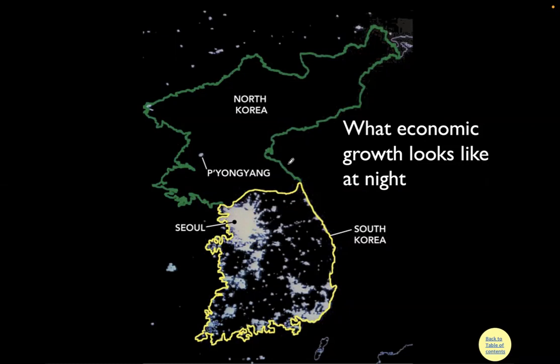You can just use a satellite image to tell who can afford to have light. Here we compare North Korea versus South Korea, and this picture shows you which country is more prosperous, more affluent, or has higher labor productivity.